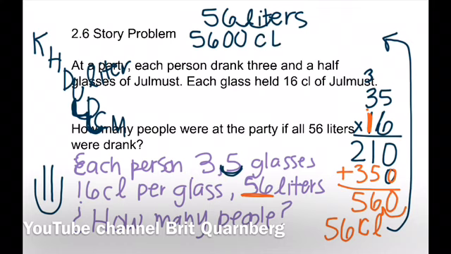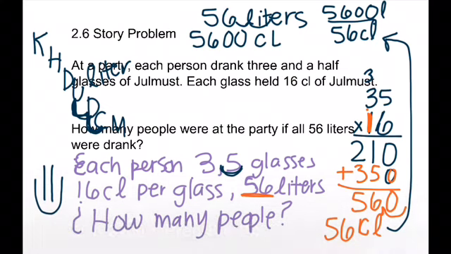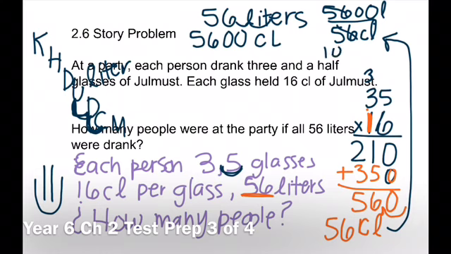So, since we had 5,600 centiliters altogether, and each person drank 56 centiliters, how many people is that? Well, 56 can go into 56 once, so there would be 100 people.